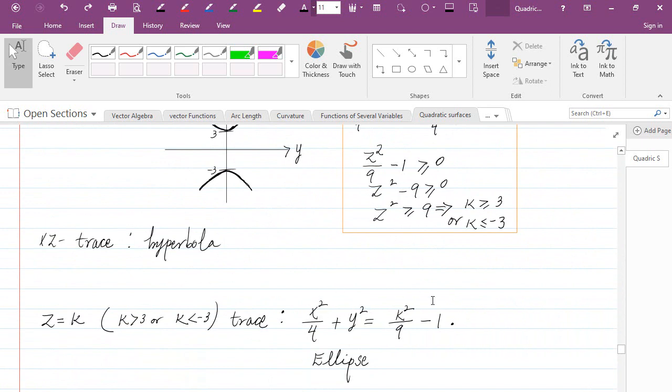Now this is the equation of an ellipse. This is a positive constant here. So this would be the equation of an ellipse. So we see that traces parallel to the xy plane are all ellipses.